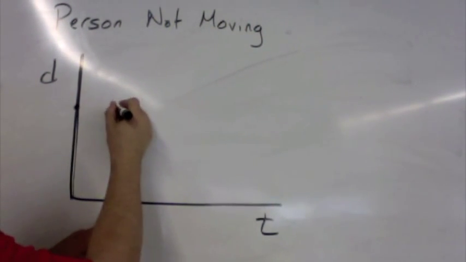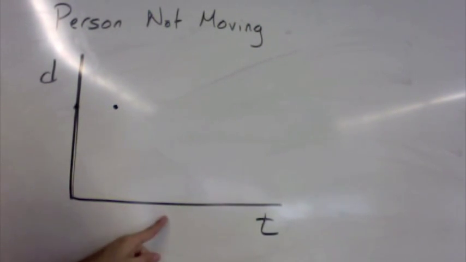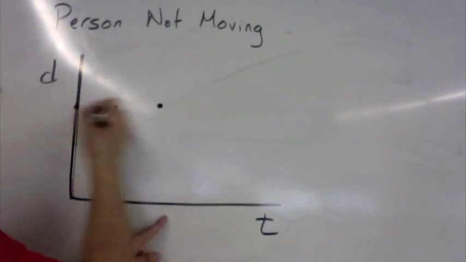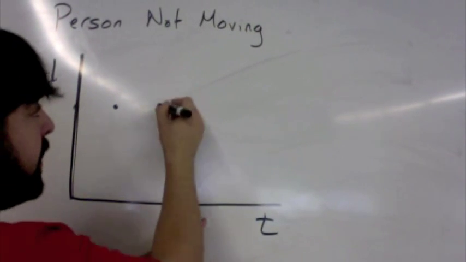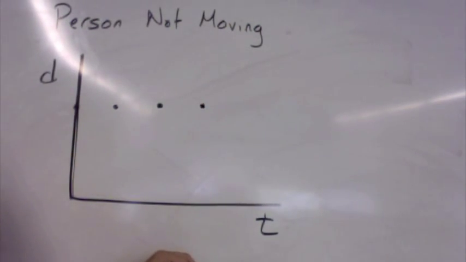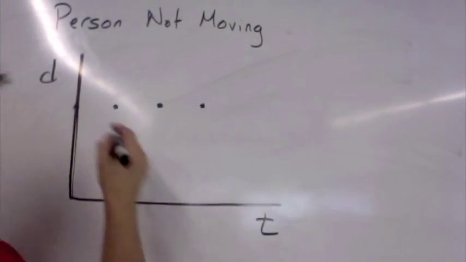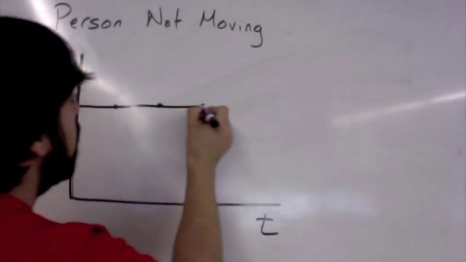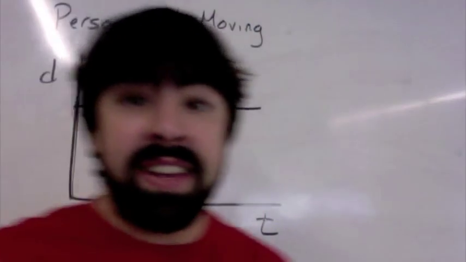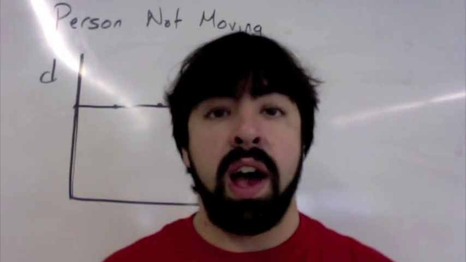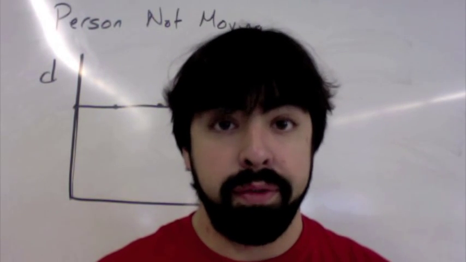They'd still be right here. Where would they be a little bit later? They're not moving. They're still going to be at the same position. What about later? They're still going to be at the same position. So a person or an object not moving is a straight horizontal line on a position time graph.